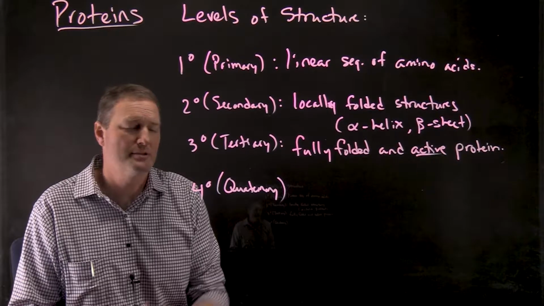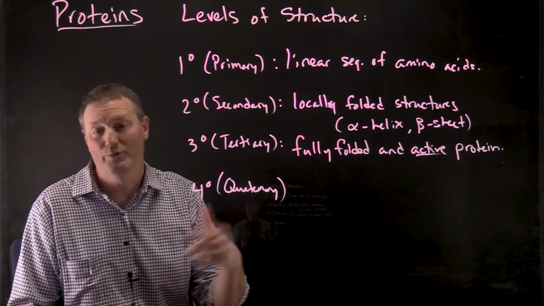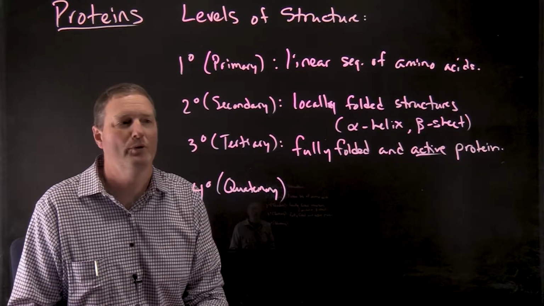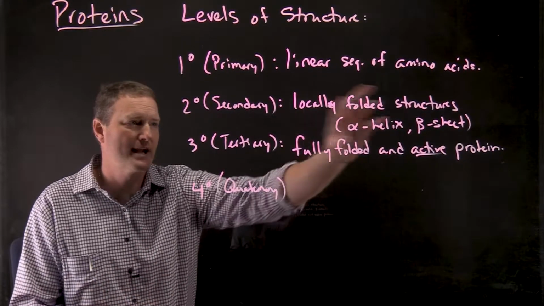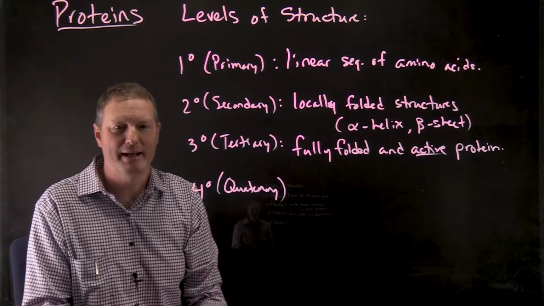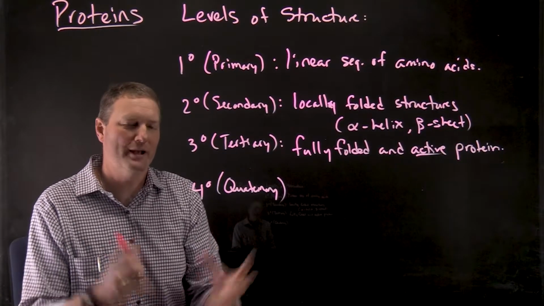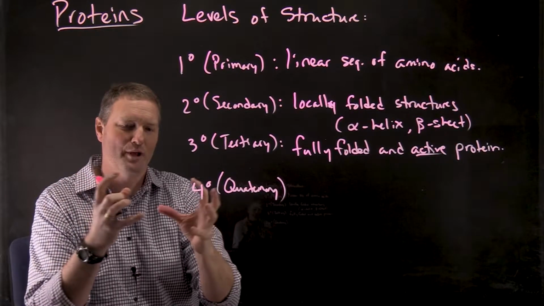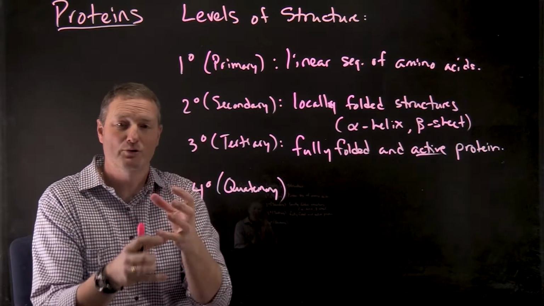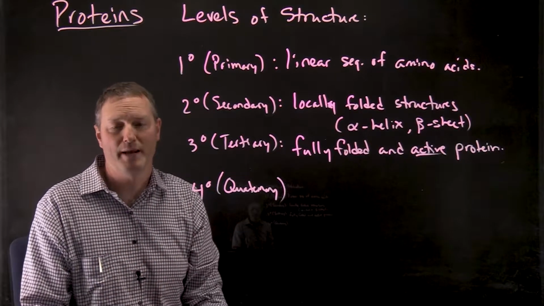And there certainly are some times when a protein misfolds and is not actually active. So if a protein has full tertiary structure, it's going to have a lot of these secondary folded patterns, alpha helices, beta sheets, and other local patterns.